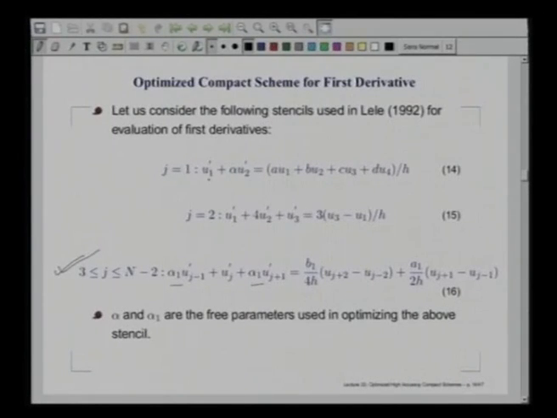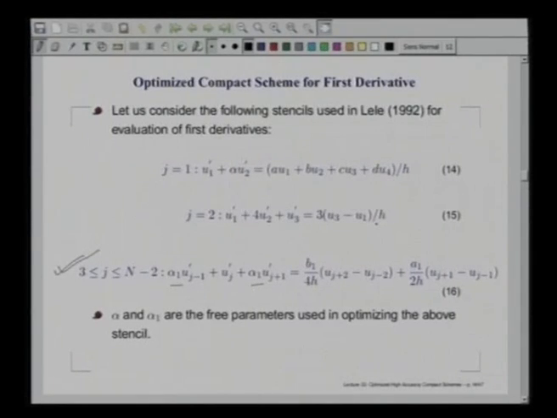So, I have introduced u 1 prime and involved u 2 prime, right, and for j equal to 2 I have just taken a very deterministic scheme that looks like a symmetric central scheme, because this is the central point and the off diagonal terms are of the same magnitude plus 1 and this is almost like your u 3 minus u 1, like a central difference type of thing. So, now we have the full scheme here.